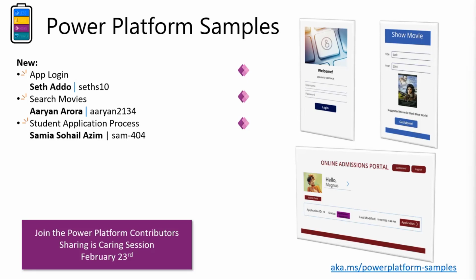There's a Search Movies app, and that's based on the OMDB connector that's available in the Independent Publisher Program, and that's been done by Ariane Aurora. And last but not least, there's a Student Application Process app, and that shows you a multi-step form in Canvas apps, and that's been made by Samia Sohail Azim.